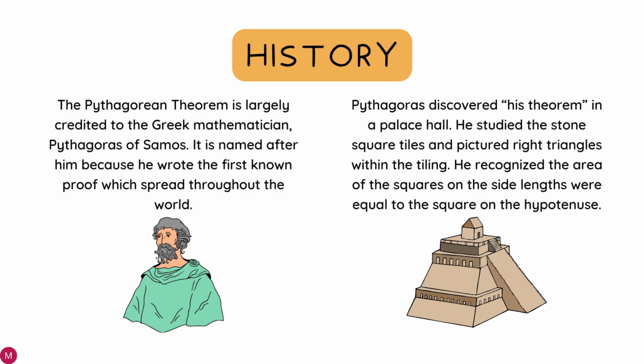He studied the stone square tiles when he was bored and pictured right triangles within the tiling. He recognized the areas of the squares on the side lengths were equal to the square on the hypotenuse. From this observation, he believed that the same would be true for right triangles of unequal side lengths.